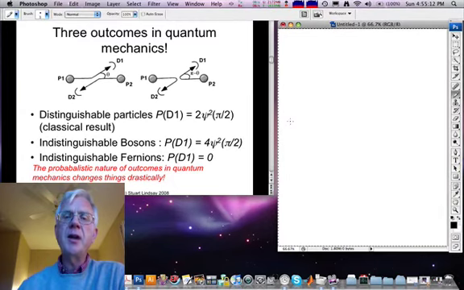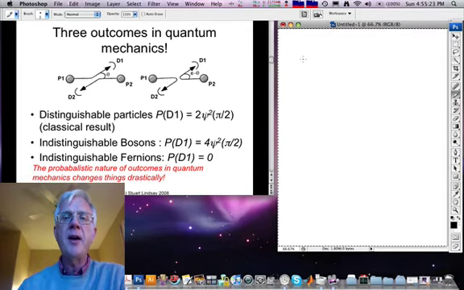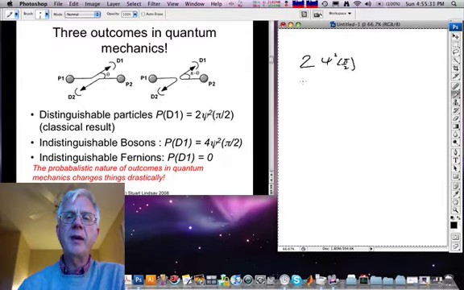If the particles are distinguishable particles in some way, then the probability of scattering into the detector is just the probability that one scattered into the detector or the other. In other words, it's twice the probability of any one scattering event.